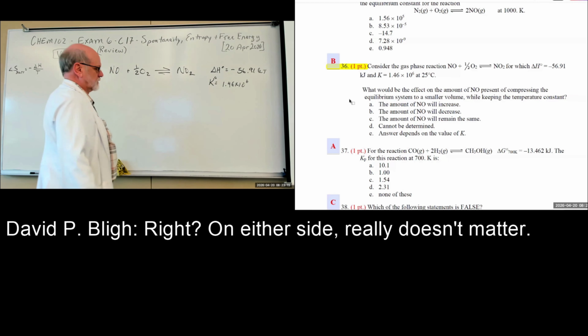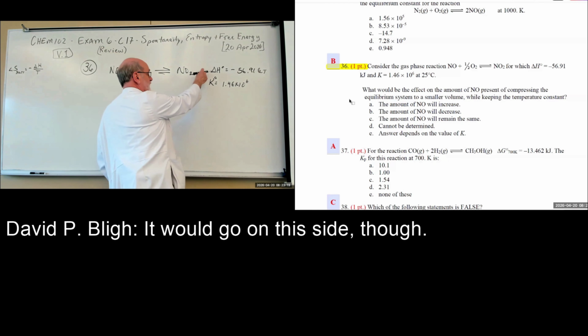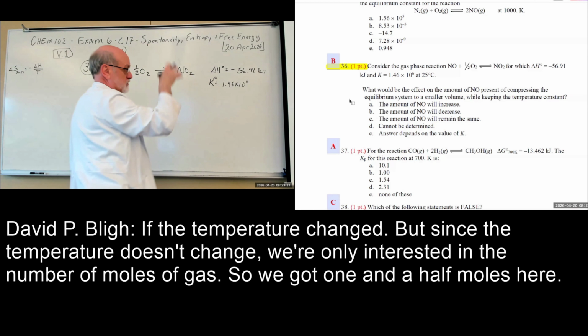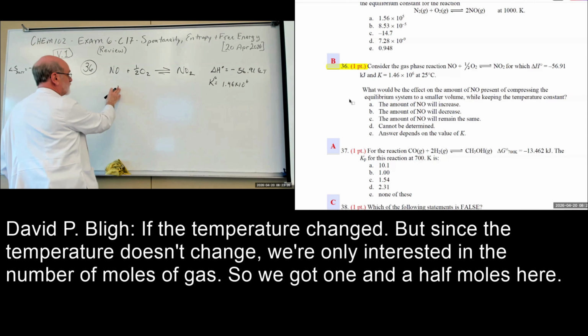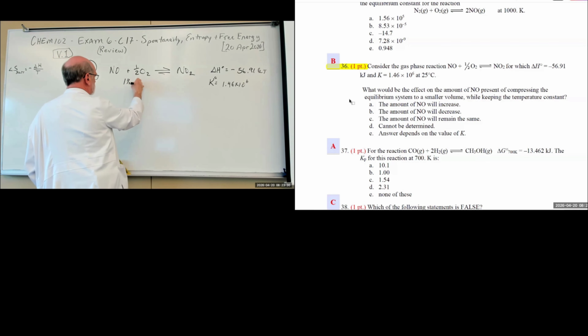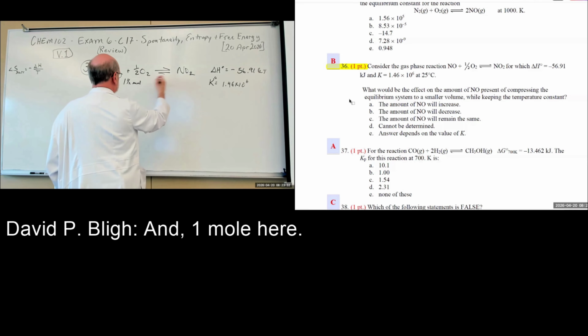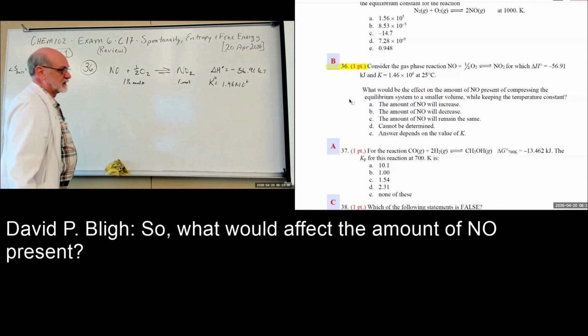On either side, it really doesn't matter. It would go on this side, though, if the temperature changed. But since the temperature doesn't change, we're only interested in the number of moles of gas. So we got 1.5 moles here and 1 mole here.